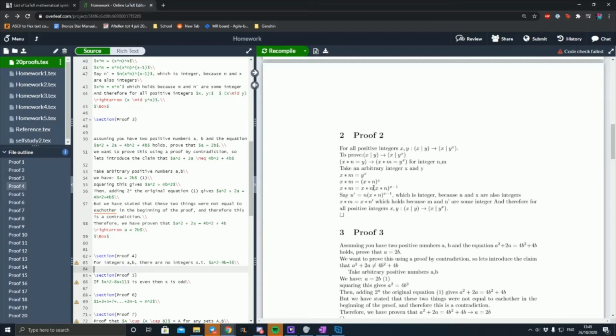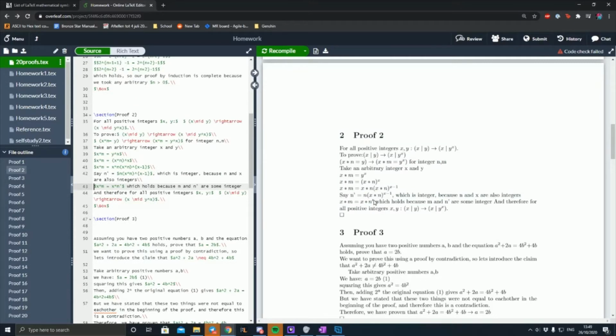So all we're saying in this step is that this whole thing, we're just gonna call that n prime. So we replace that whole thing by n prime, which is an integer. Okay. And here we have x times some integer is equal to x times some integer, which holds.